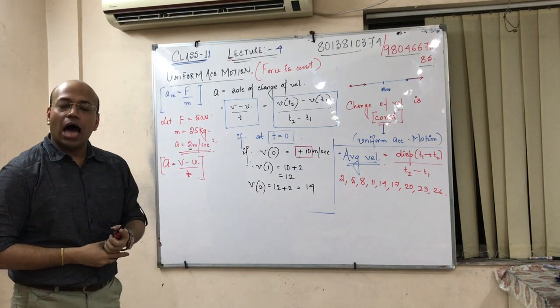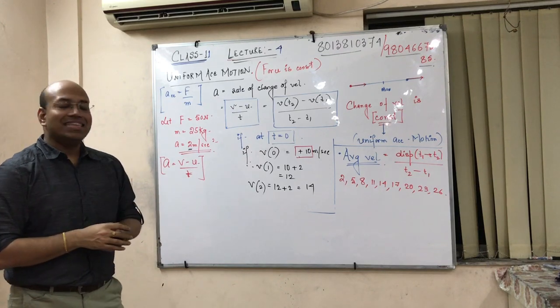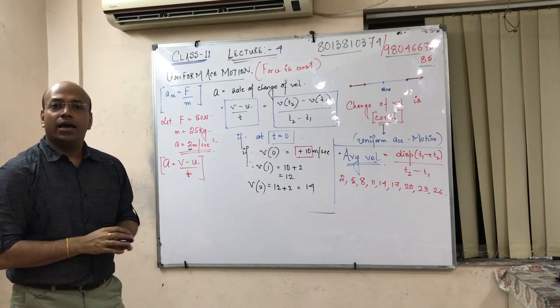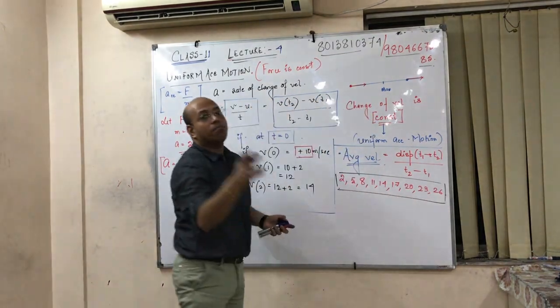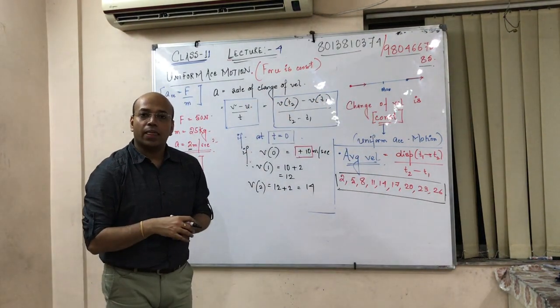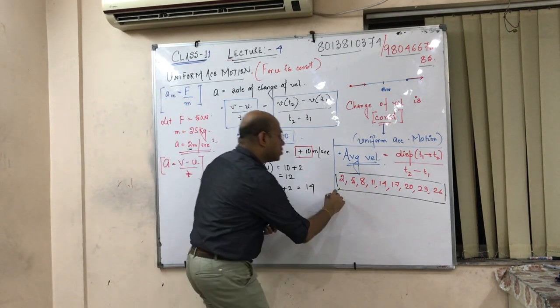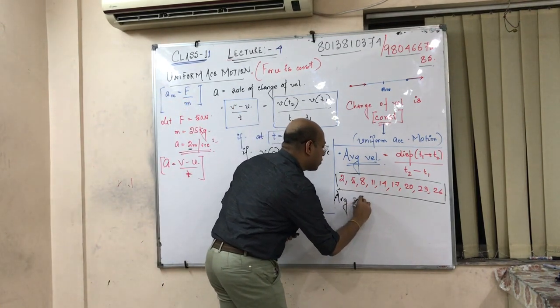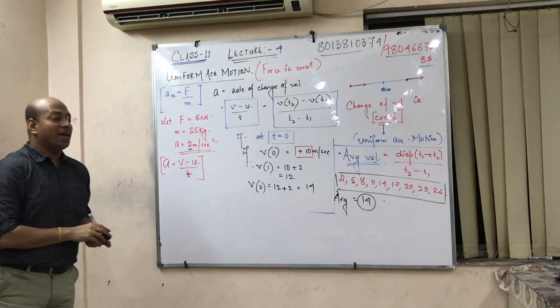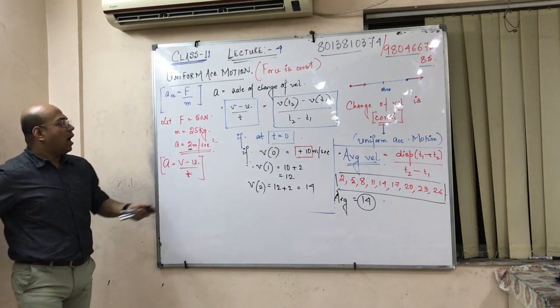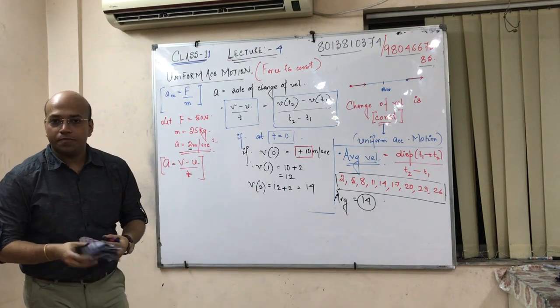How can you say without calculating it? Yes, I can say without calculating it, the average of the numbers is 14. You will calculate, but I can say without calculating that the average of all these numbers is 14. So the average of the numbers is equal to 14. Sir, how? Yes, we will see to it. Okay, this is a beautiful logic. So I hope this portion is clear.